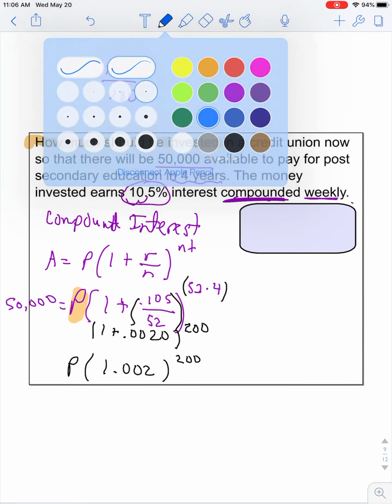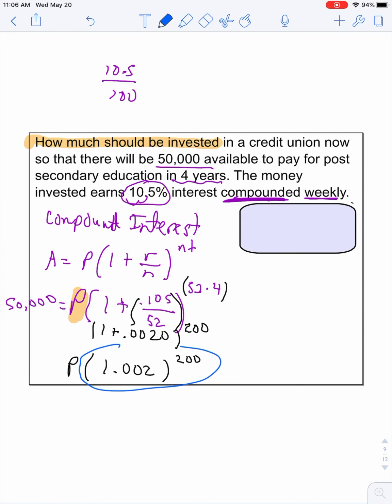So what I'm trying to do is get a value for this. 1.002 raised to the 200th power gives me a value of 1.491. Again, always round to 3 places for accuracy. That's what we want. So now all we have to do is divide each side by that decimal number.